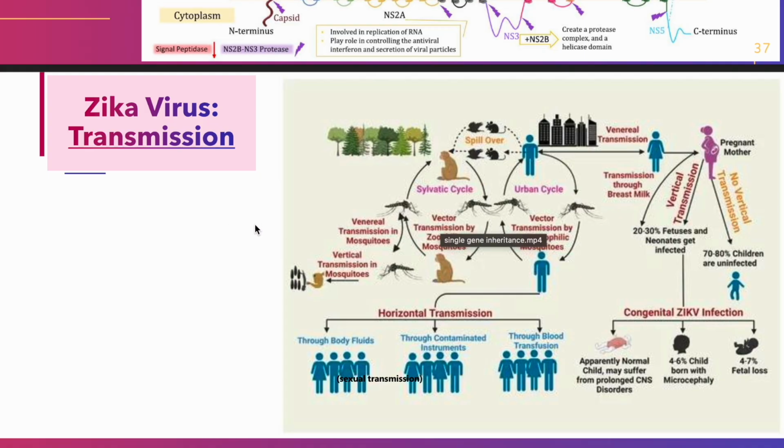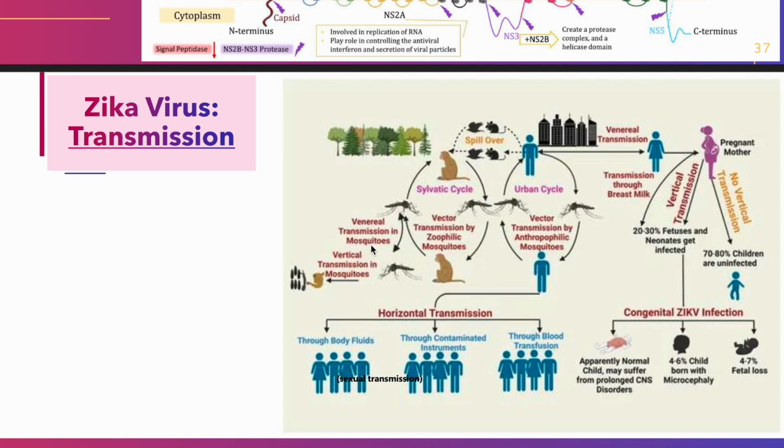For transmission, they have a sylvatic cycle and an urban cycle. The sylvatic cycle means in the wild, where you see the monkeys here, and you can recognize that the vector is the mosquito, and the reservoir is the monkey.